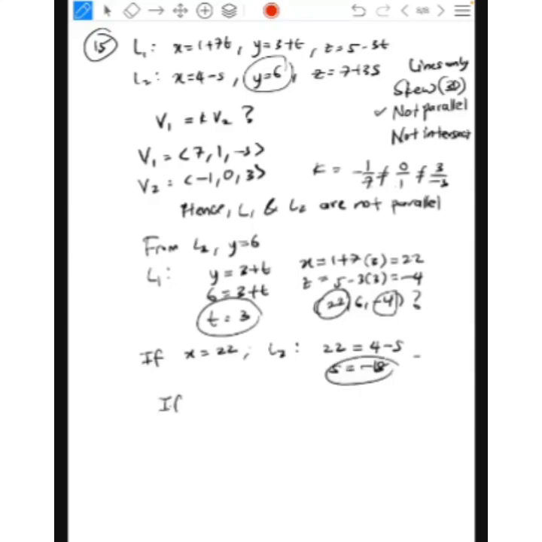And then if Z equals -4, then L2 will be -4 equals 7 plus 3S, and S equals negative 18.